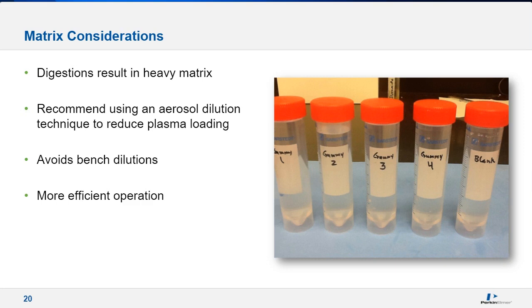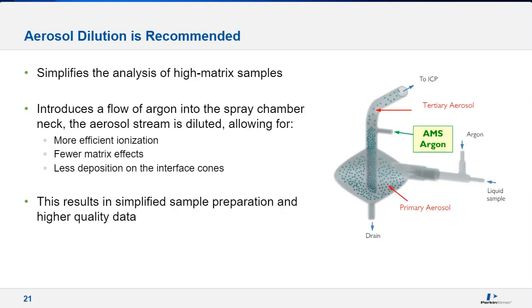So I typically recommend the aerosol dilution technique to reduce the plasma loading. This avoids bench level dilutions and is much more efficient for laboratory operation. For aerosol dilution, Nexion uses something, as I said before, called all matrix solution, or AMS. This allows the user to introduce a flow of argon into the neck of the spray chamber.